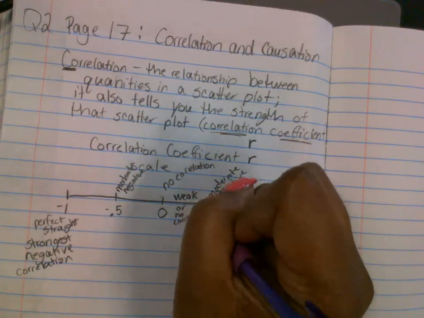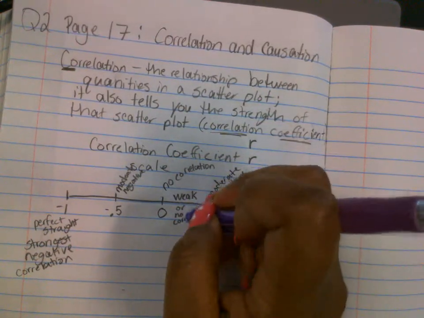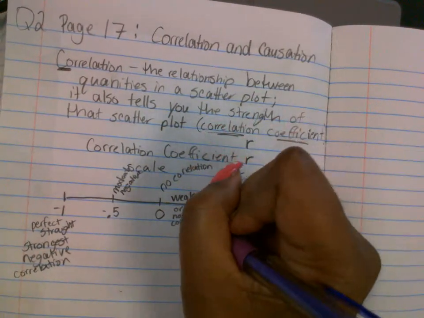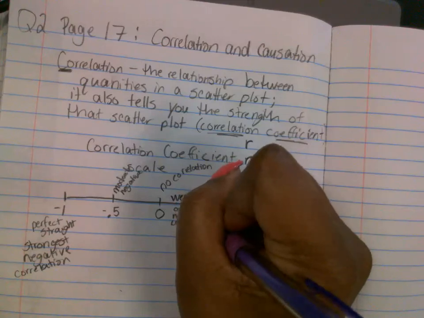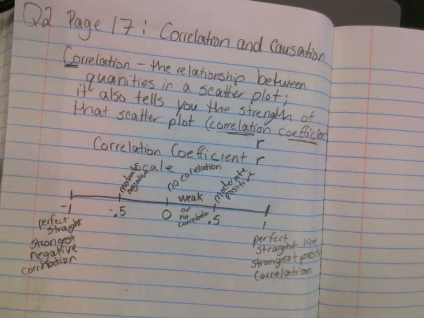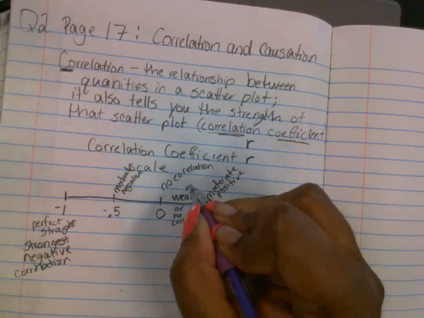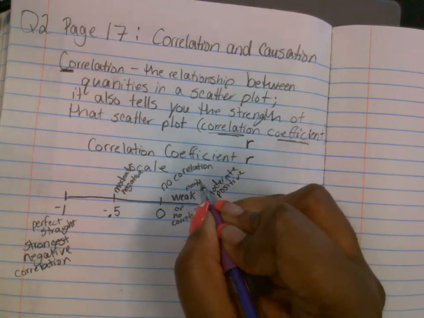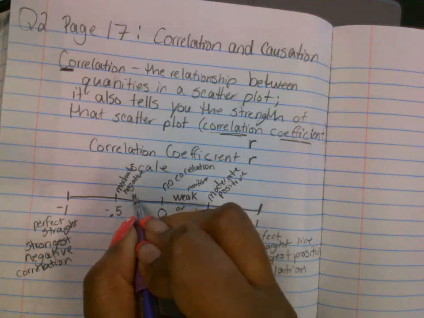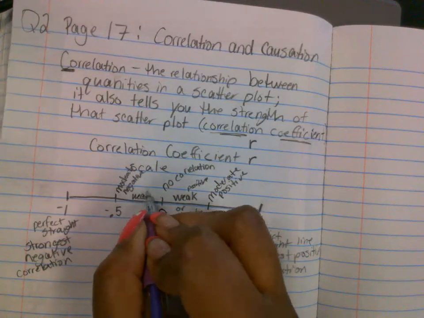The closer it gets to 0, the closer to no correlation. And this, again, is a weak positive. And this is a weak negative.